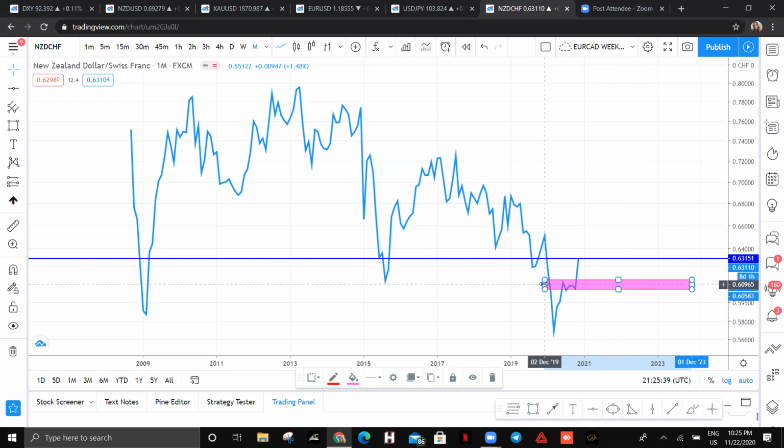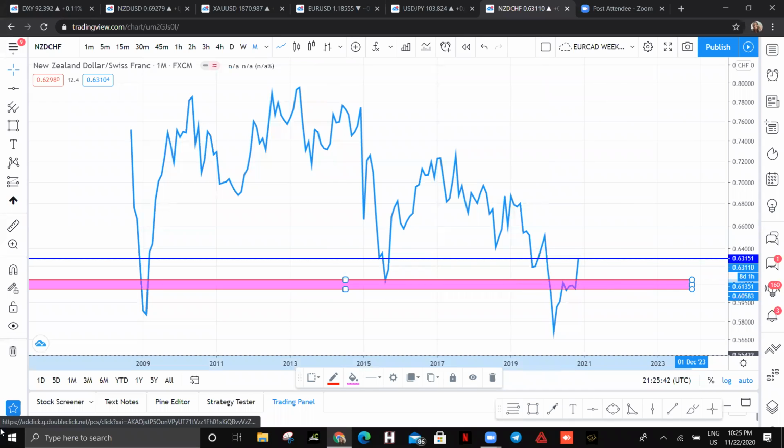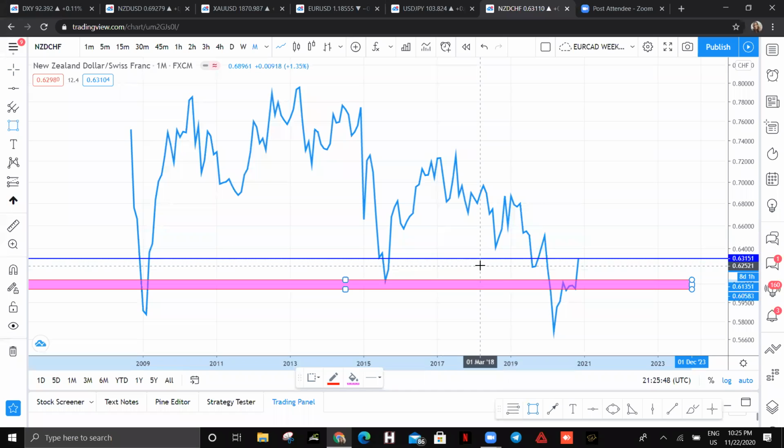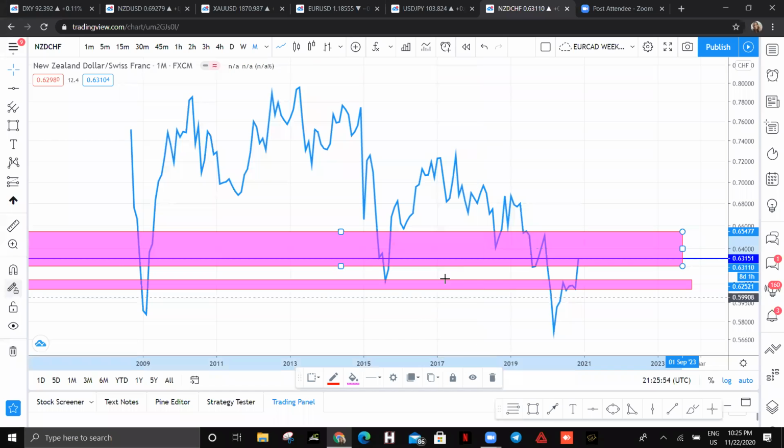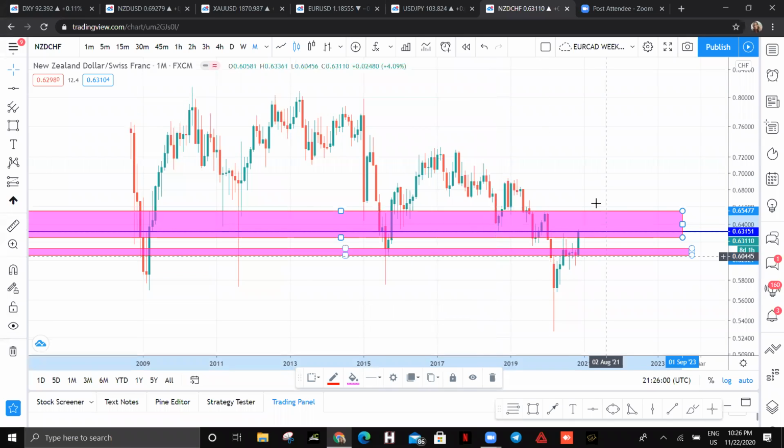This was the support zone. Price reacted. And this, a large one. So now price bounced up from this support, went to this resistance zone, and that's where price is at this particular time.